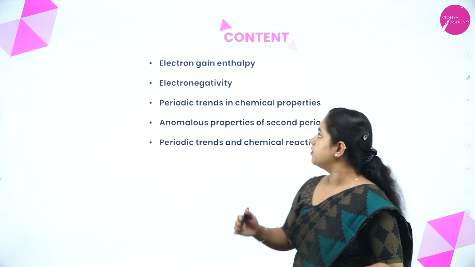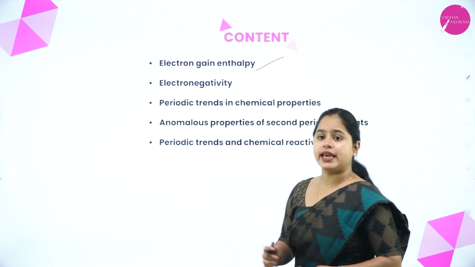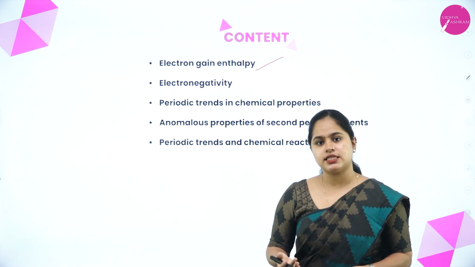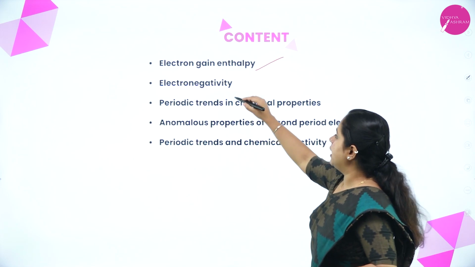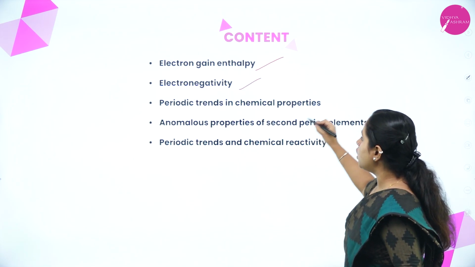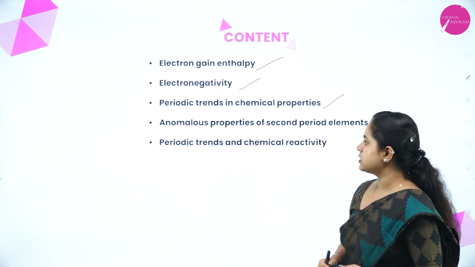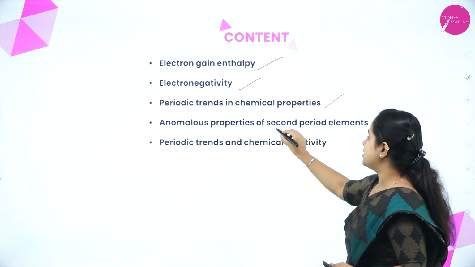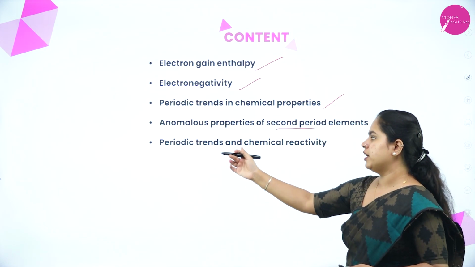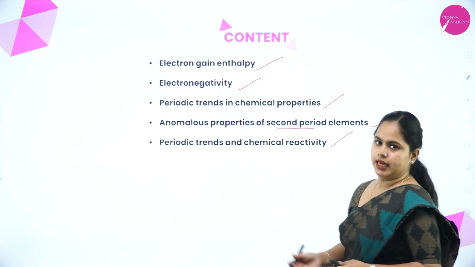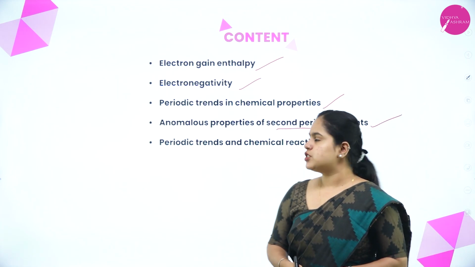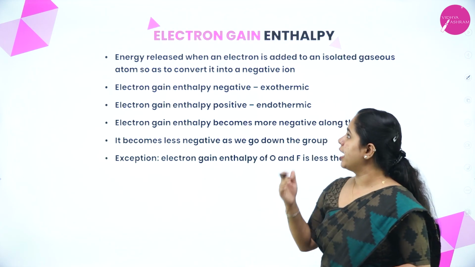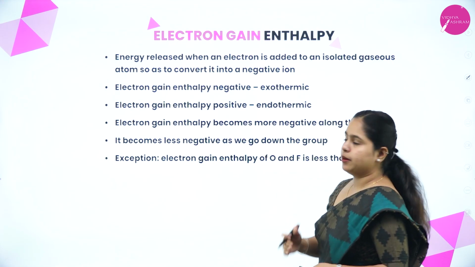So in this session, we will be studying electron gain enthalpy and its trends in the periodic table, then electronegativity, periodic trends in chemical properties, and then anomalous properties of second period elements, and finally periodic trends and chemical reactivity. Right, so let's begin with the first topic, that is electron gain enthalpy.